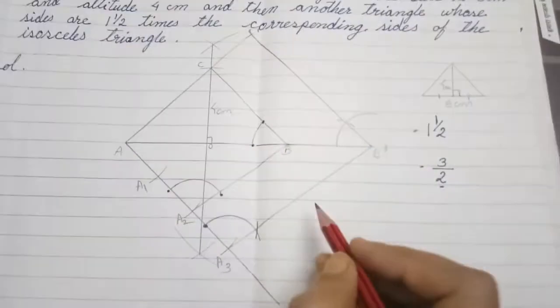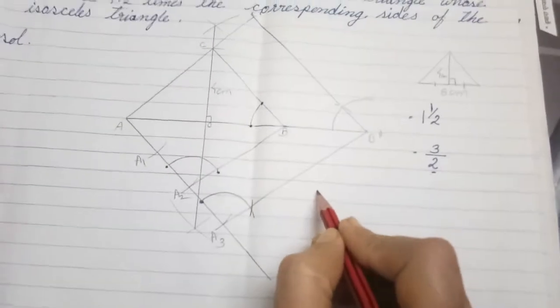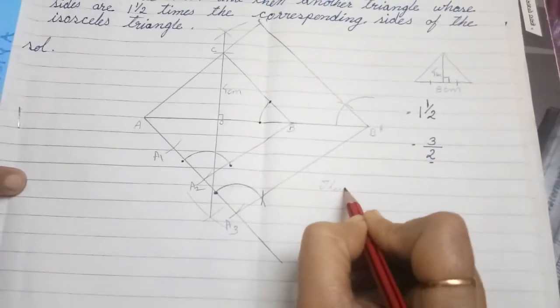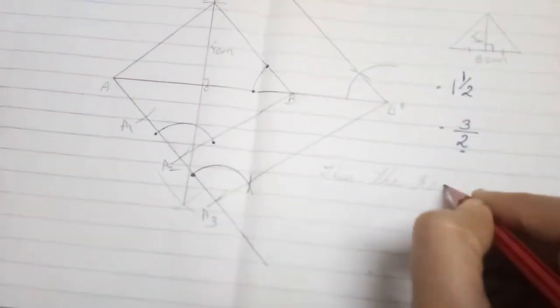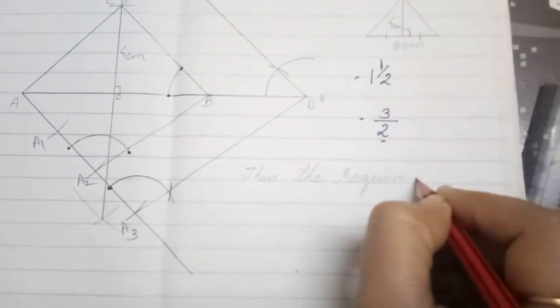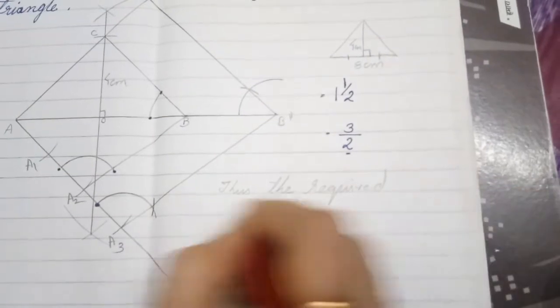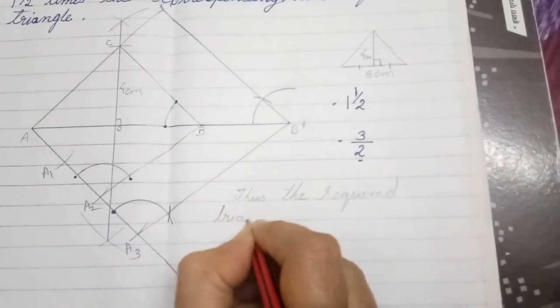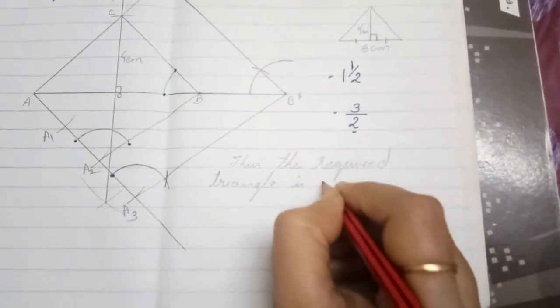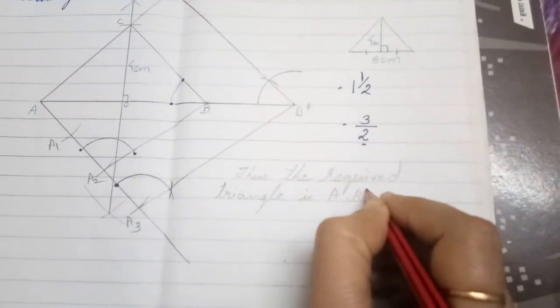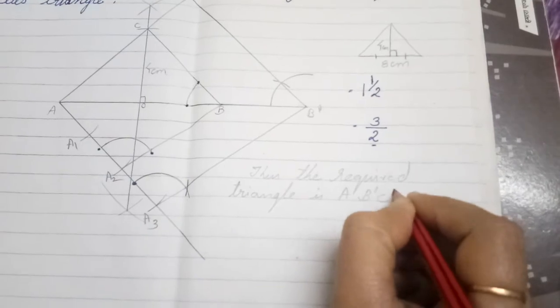And you will be mentioning here, thus the required triangle is. Now everybody knows how to write. Thus the required triangle is A, B dash, C dash.